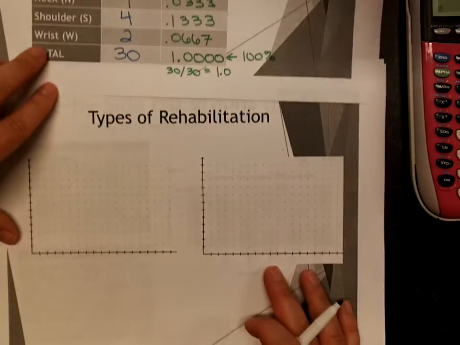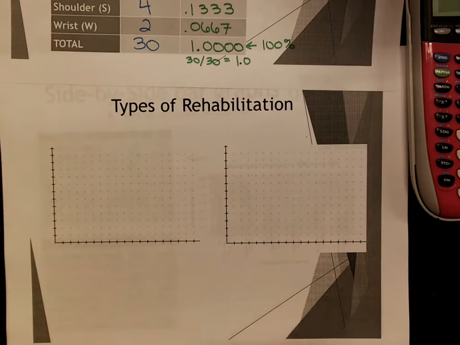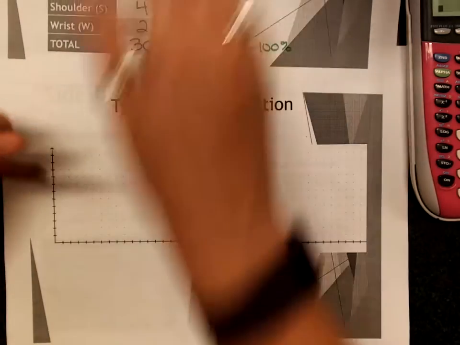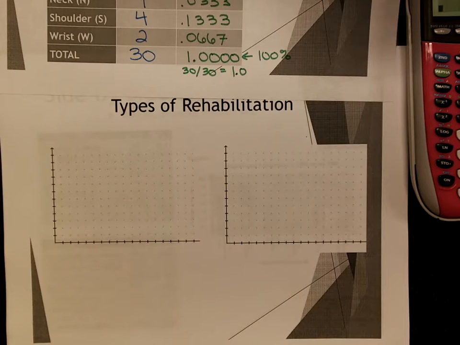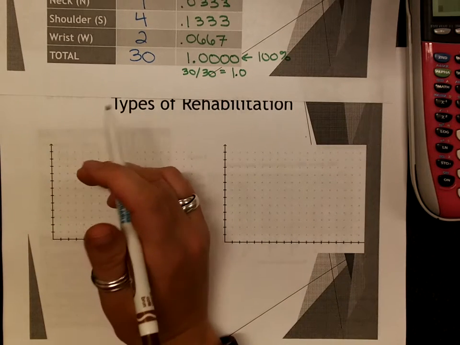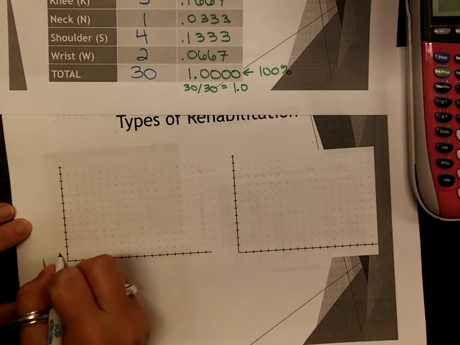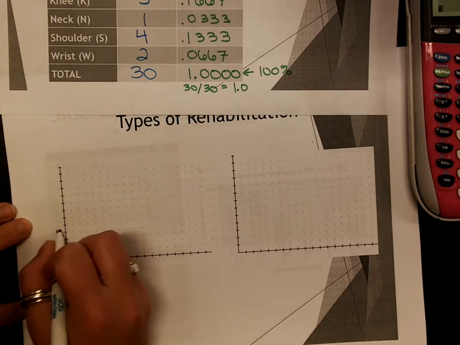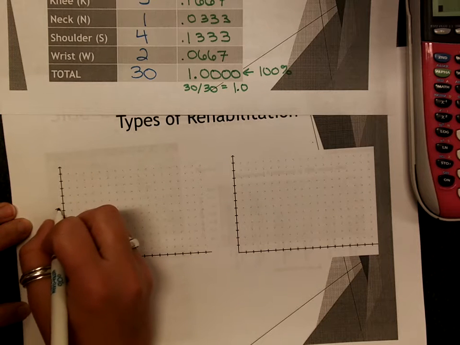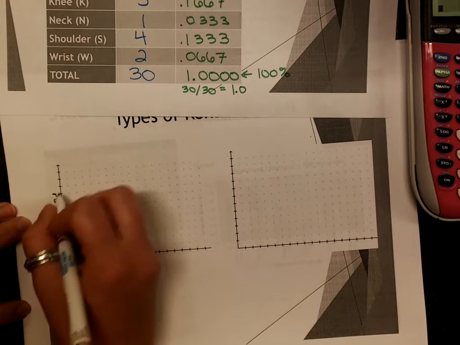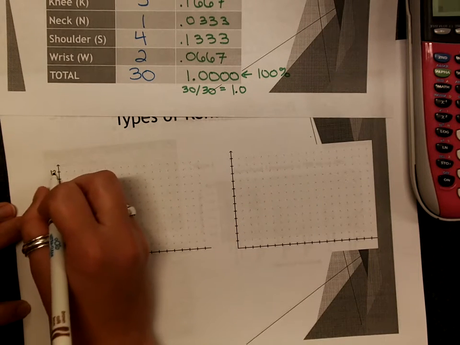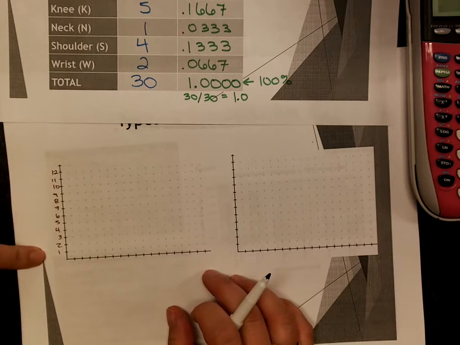Now the scaling is up to you. Generally, we find the highest value, the highest frequency is 12. So we know that our vertical axis needs to go up to at least 12. And I believe I've marked it to where you can just count all the way up to 12. So usually it's scaled for you.